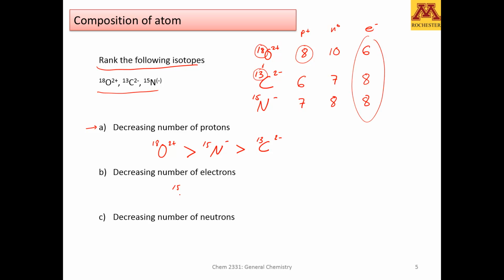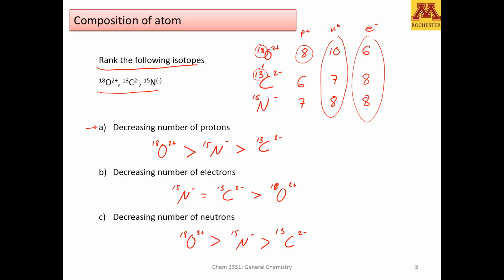Notice that nitrogen 15 will have the same number of electrons as this carbon 13 negative, and this will have fewer electrons than the oxygen 2 plus. And finally, number of neutrons. The largest number of neutrons is oxygen, followed by nitrogen, and finally carbon. Hopefully this will make some sense.